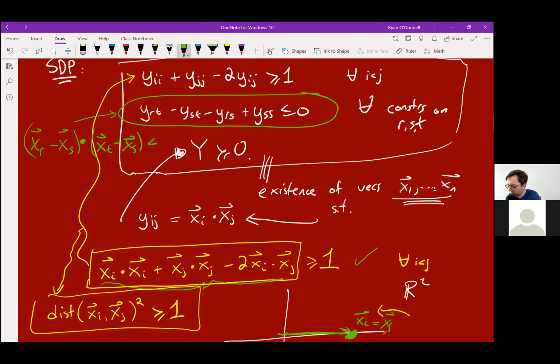That's right, it's less than or equal to 0. And let me just so we have it in our minds, this could also be written xi minus xj dot with itself, xi minus xj, is greater than or equal to 1.